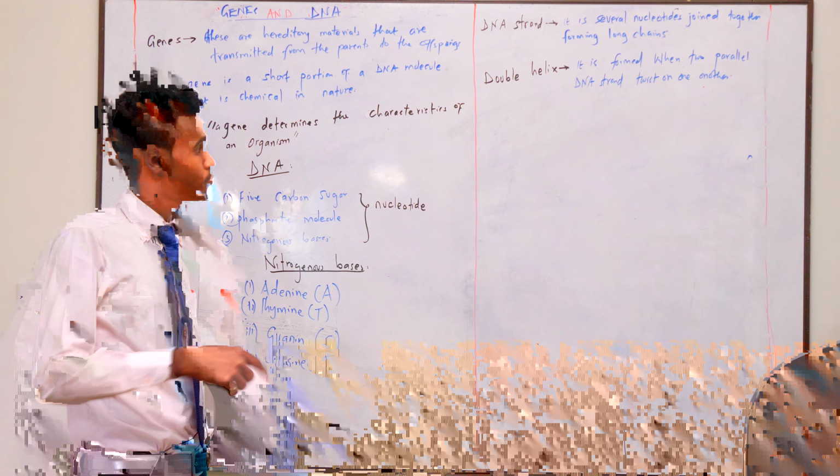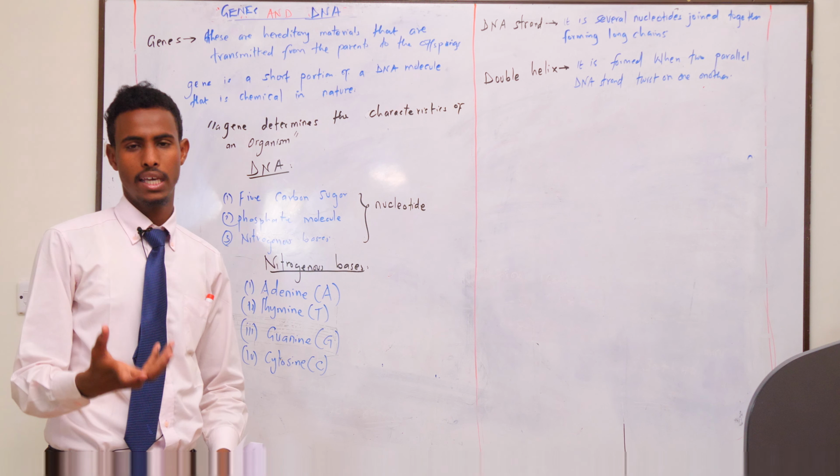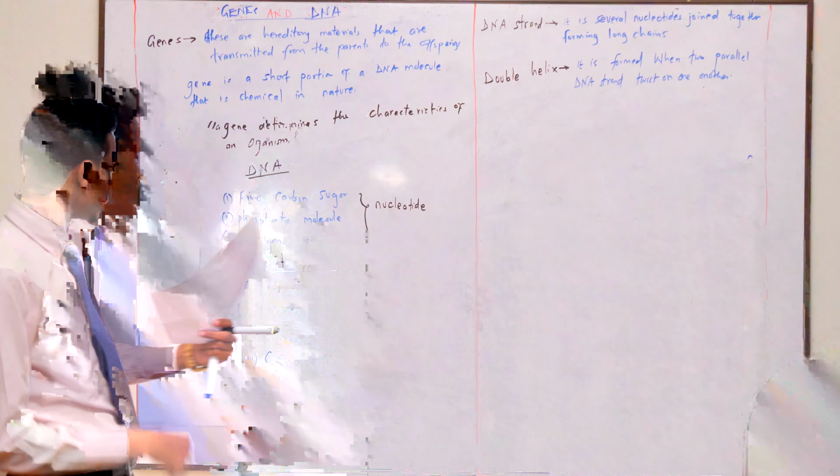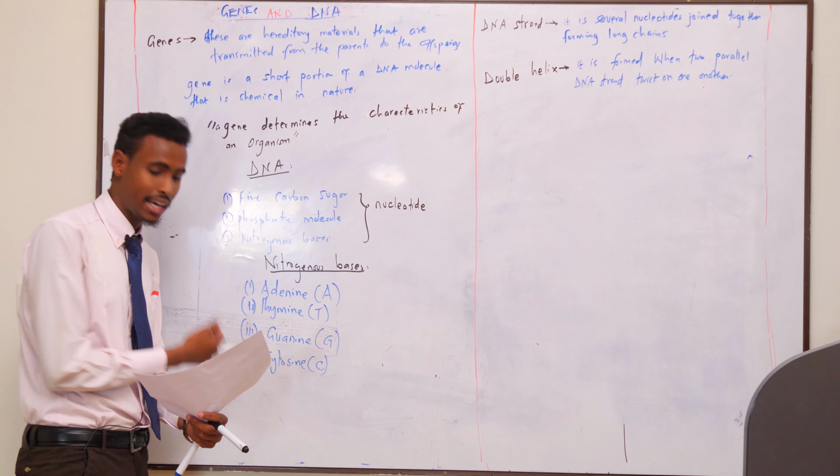We will look at the structures in our next lesson. But for now, let's get the basics. We have the adenine, thymine, guanine, and cytosine.